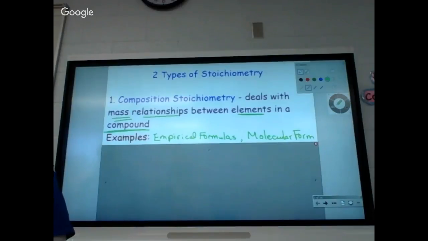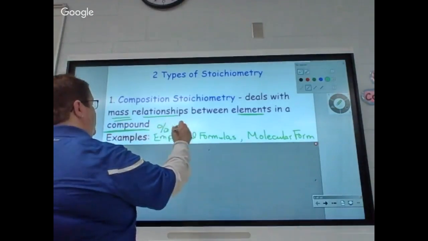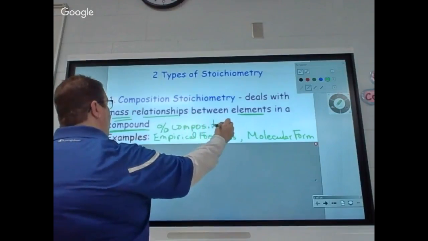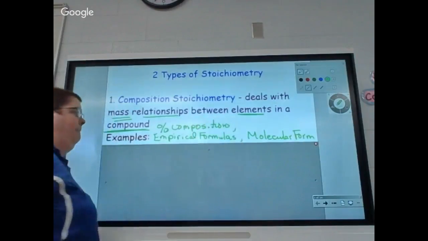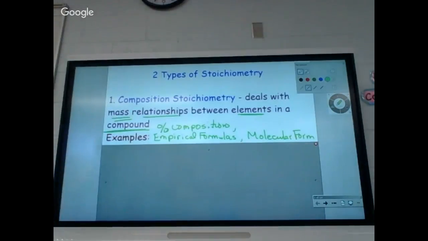Things we've done. Mass relationships between the elements. What else do we do when we were doing these same things? Percent composition. There's one more I was hoping for. Wasn't it something with the charts?